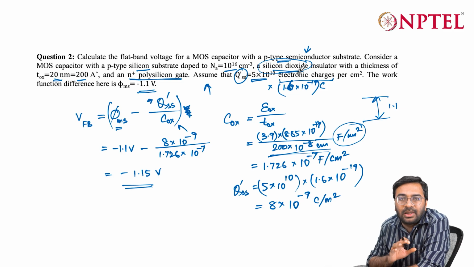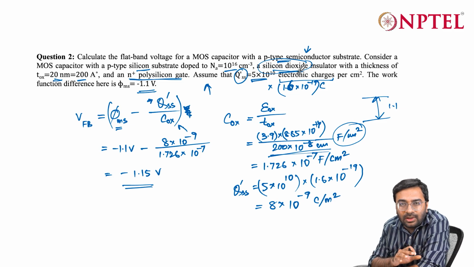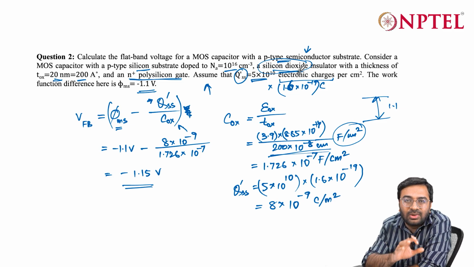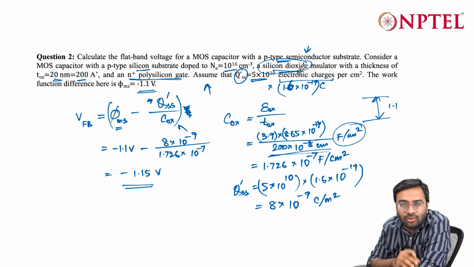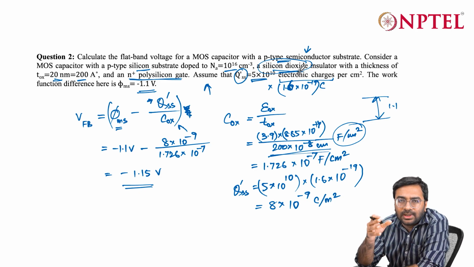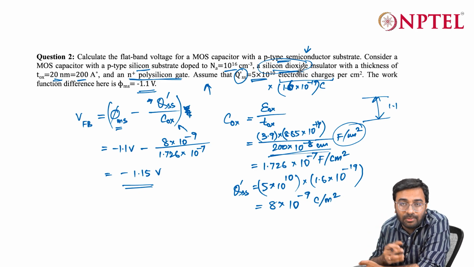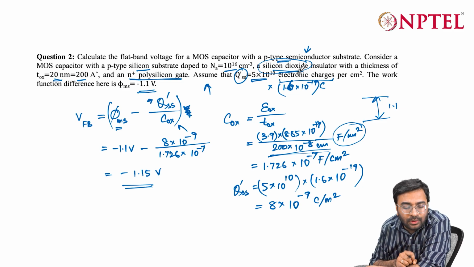So, some expectation will be there from whomsoever is asking the question, that at least this much you know, the value of epsilon for silicon dioxide is known to you. So, these are some of the expectations from the question maker that you should know. So, you can't just write that this information is missing in these cases. You can also go through the dielectric constant of some other known materials also, there is no harm in it, but the basic thing should be known.